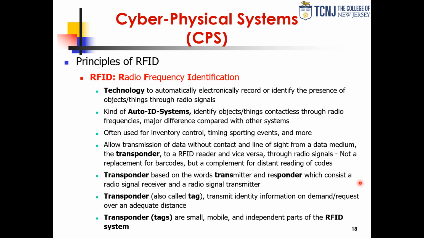So the tag has a unique ID, and when it gets queried by another part of the system, which we're going to be calling the reader, it sends this ID. And we'll see the tag is a transmitter, is a receiver, and is also a memory. Those are the three main components. And of course, to manage all that, you have to have some type of processor in there.